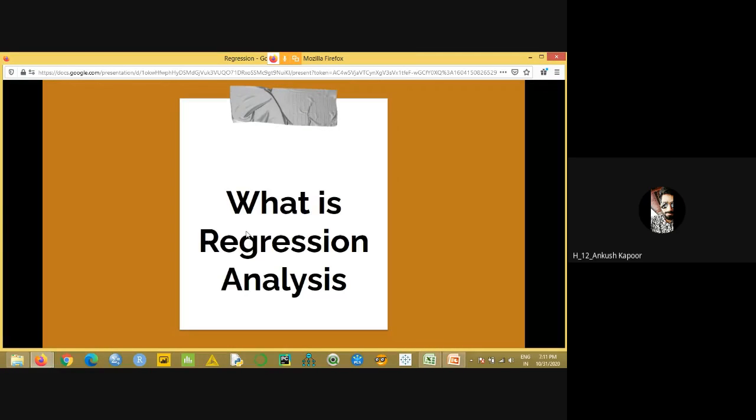In simple there is one dependent and one independent, and in multiple there is one dependent and more than one independent variables. Yes. So in multiple linear regression, one dependent variable can be dependent on more than one independent variable.